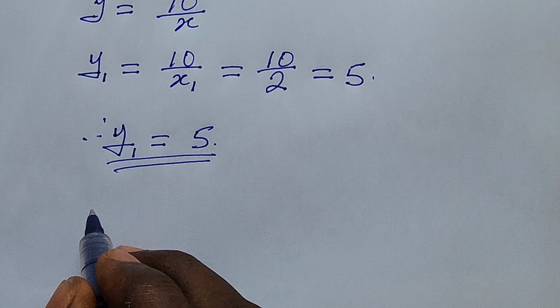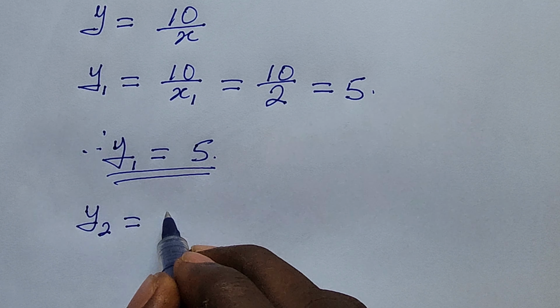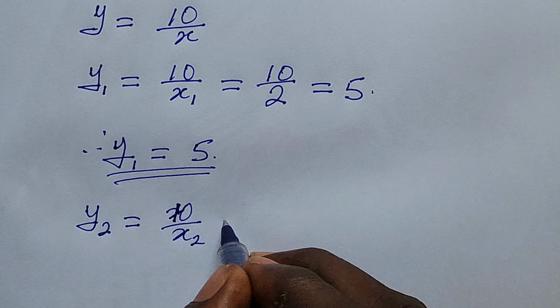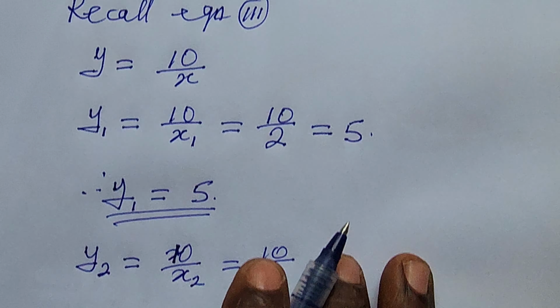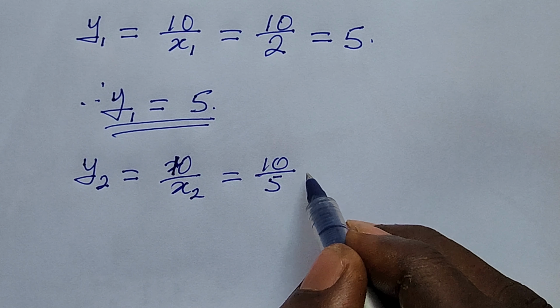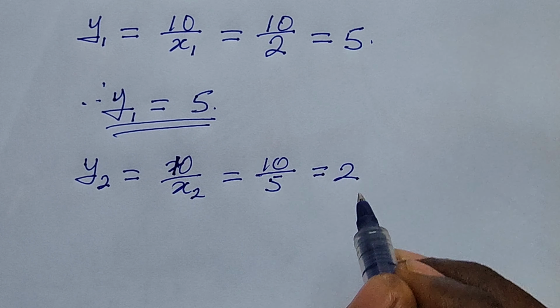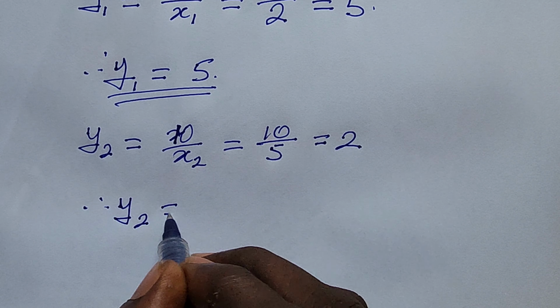Let's look for our y2. So we have y2 is going to give us 10 all over x2, which is equal to 10 all over, what is our x2? Look at our x2, it is 5. So 10 all over 5, this will give us 2. So therefore, our y2 is equal to 2.